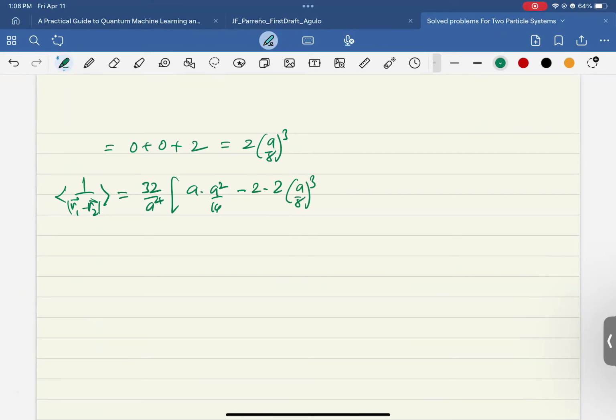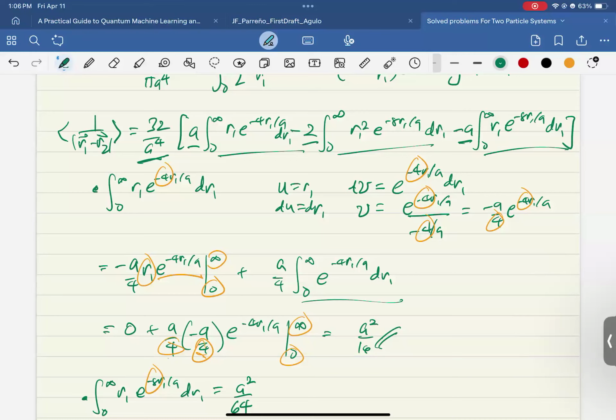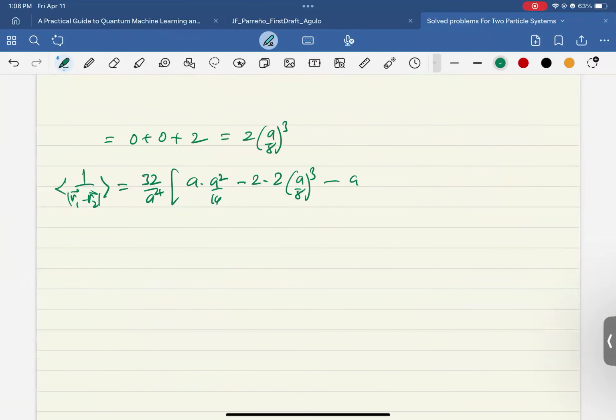And then minus yung third na integral, may coefficient na a. And then ito ay equal sa a squared over 64. So a times a squared over 64. Okay. Kasi multiply natin yung a to the 4th.